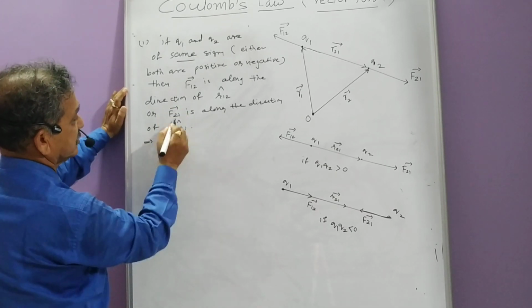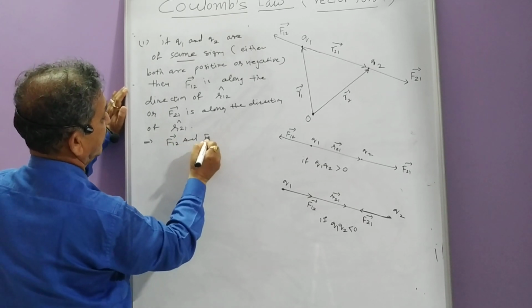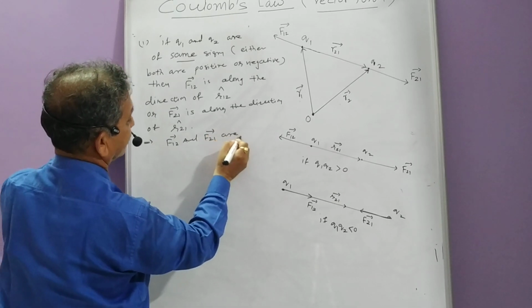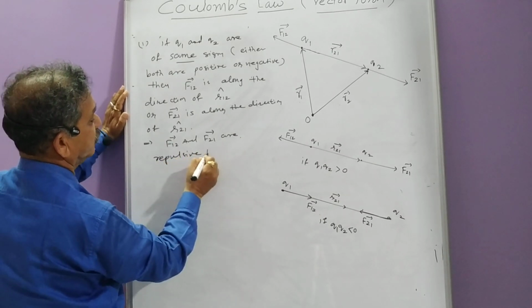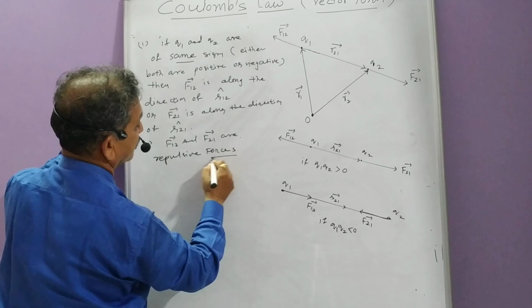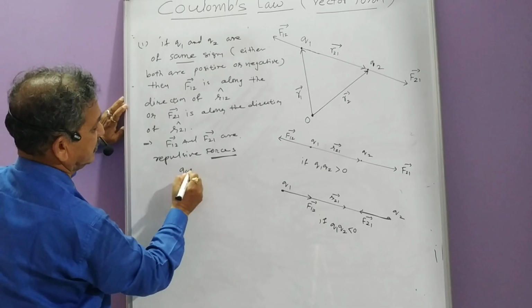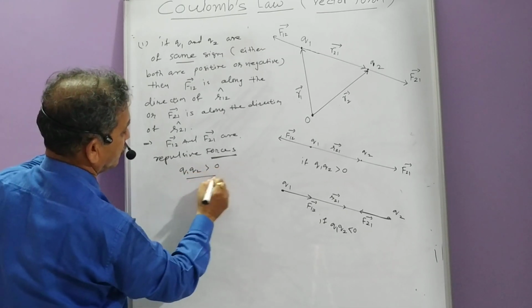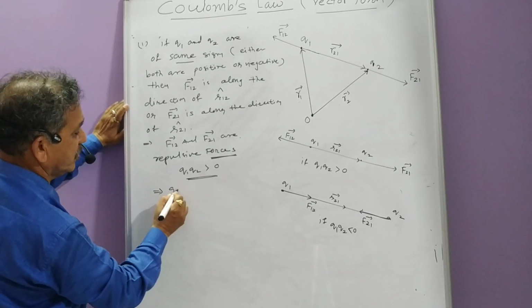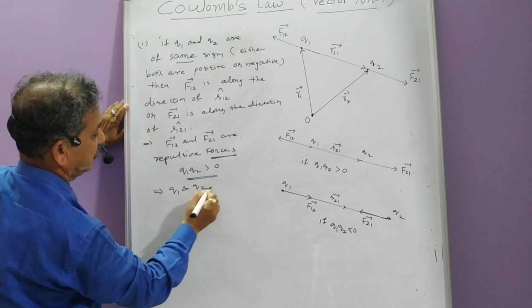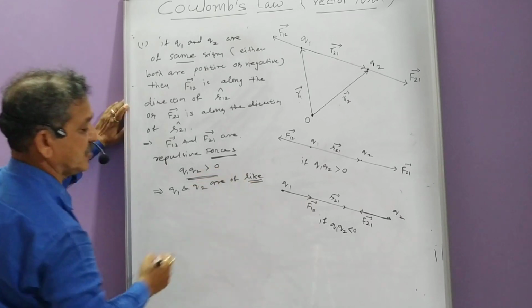So this implies F12 and F21 are repulsive forces, and as they are repulsive forces, they are going away from each other, as well as the product Q1 Q2 is greater than 0, and this implies Q1 and Q2 are like charges.